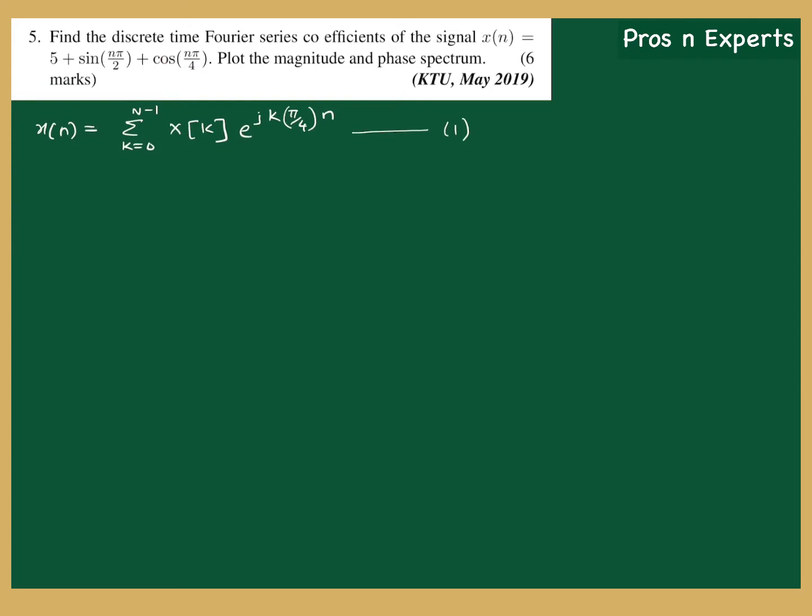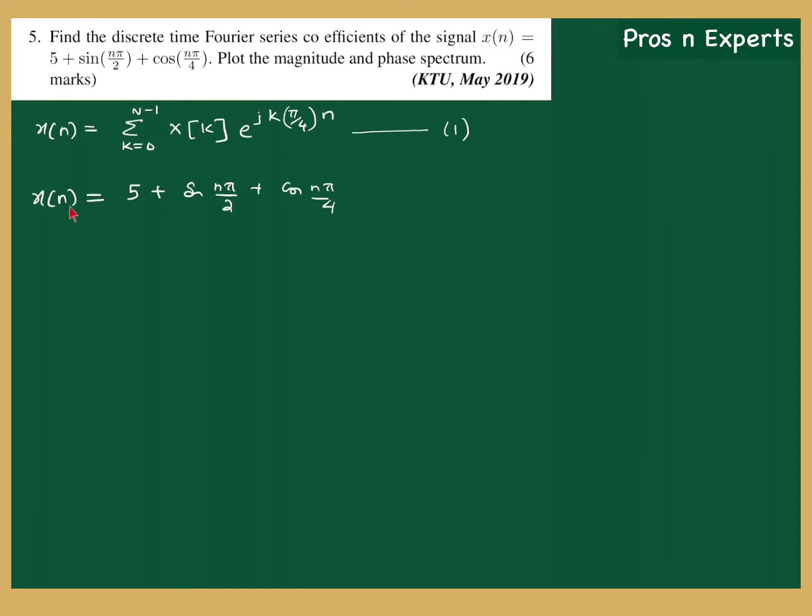Now let me come back to our signal. X of n is equal to 5 plus sine n pi by 2 plus cos n pi by 4. Now I can logically find a way to express the signal in terms of complex exponentials, because in equation number 1 x of n is expressed in terms of complex exponential signals.